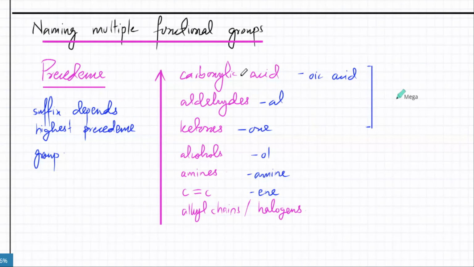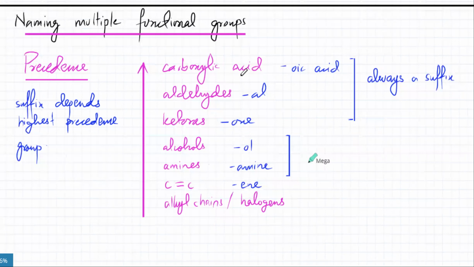So the first 3 are always a suffix. And these 2, what will happen to them is that if a higher precedence group is present, then they would become branches.